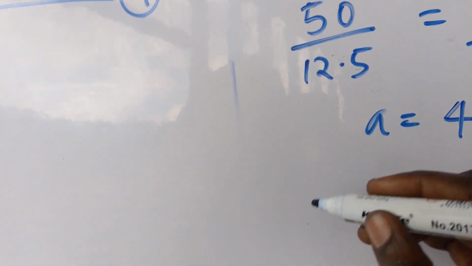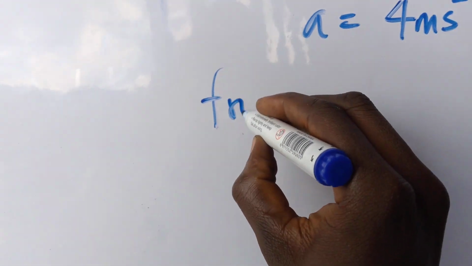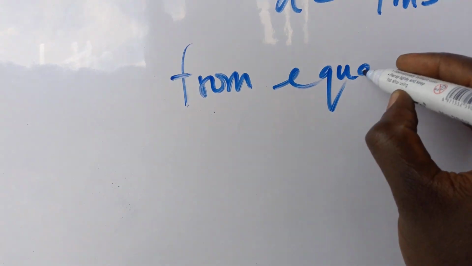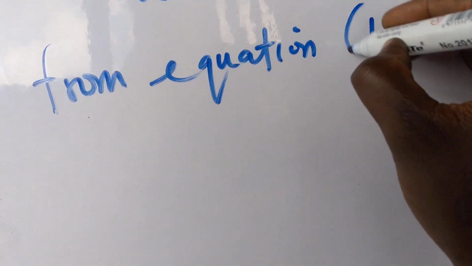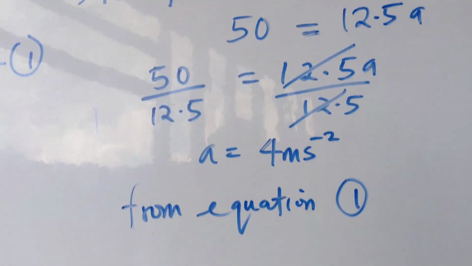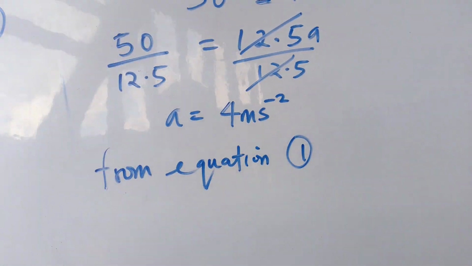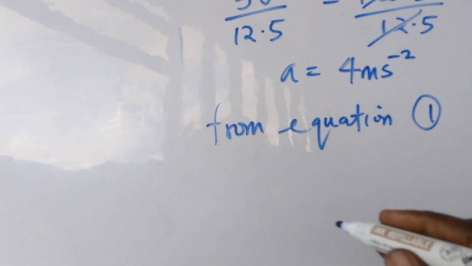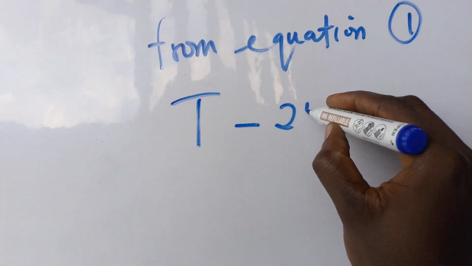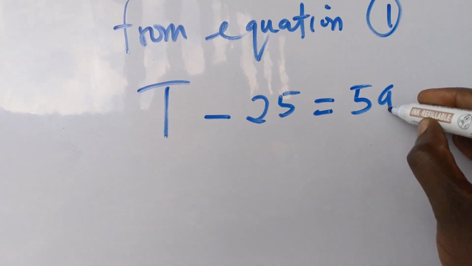And I then come back to equation 1. I can use any of the equations; I choose to use equation 1. Equation 1 is T minus 25 equal to 5a.